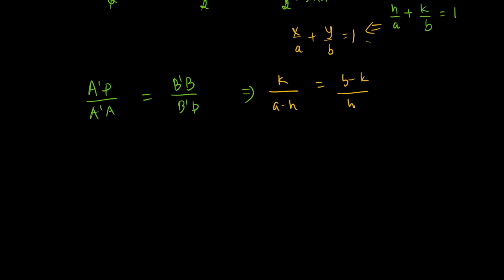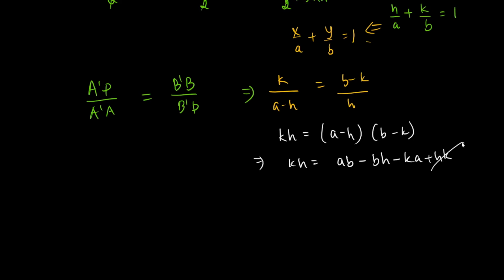So now we cross multiply. When we cross multiply, we get k times h equals a minus h times b minus k. This leaves us with kh equals ab minus bh minus ka plus hk. The hk's get cancelled out, so this gives us ka plus bh equals ab.